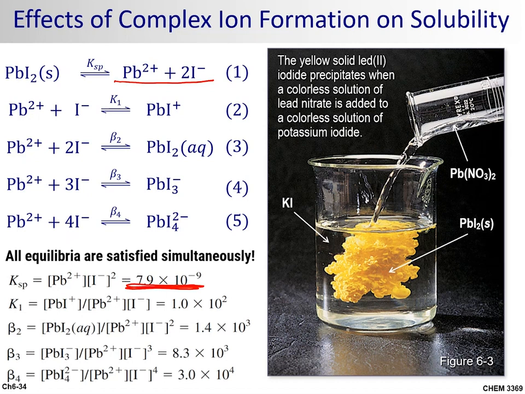So the species here, for example, in reaction 3, is an ion pair, PbI2, and we indicate it by the (aq) in the parentheses. So aqueous ion pair. This is the dissolved PbI2, but it contains two iodine atoms bound to just one lead atom.